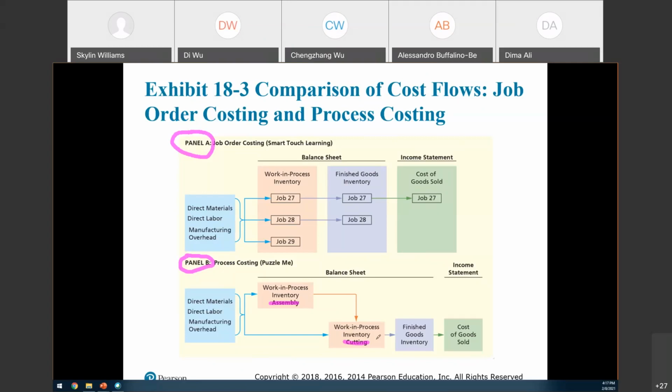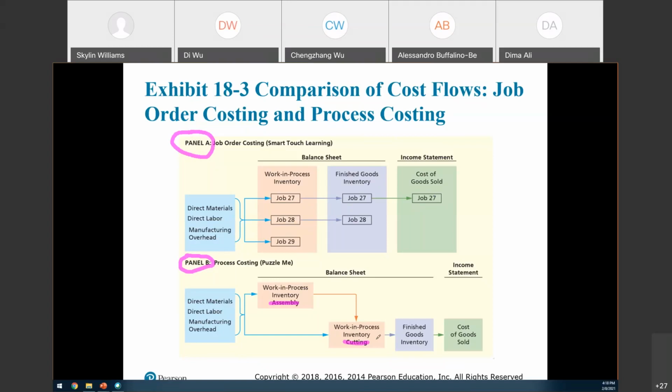Number 4, when the cutting department's process is complete, the boxes of puzzles go into finished goods storage. The combined cost for both departments flow into finished goods inventories. And finally, the total cost for the puzzles includes the cost of assembly and cutting these two departments.